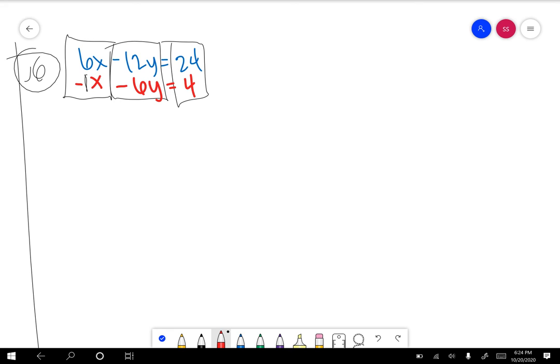If you look at our y's, we have negative 12y and negative 6y. So in this case, we would need to change the sign so that one of them is positive. What we could do is multiply this equation by a negative to get it to a positive, right? Negative times a negative is positive.